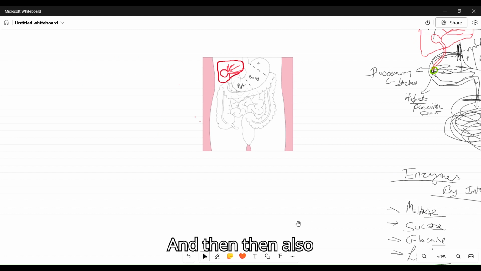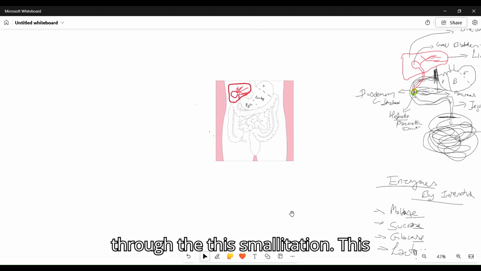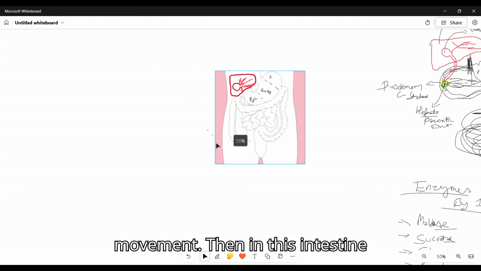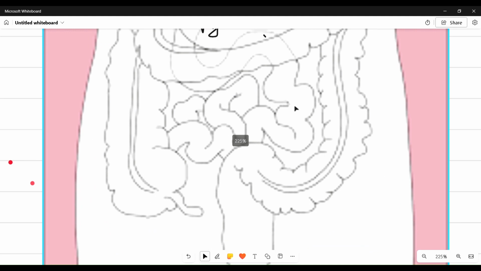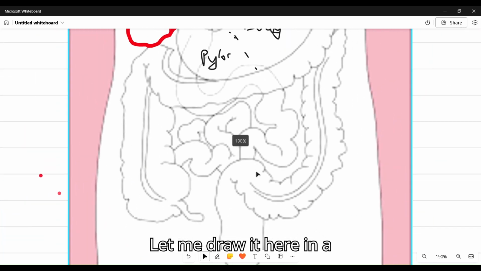Then also comes the question of how the food is passed through the small intestine. It is passed through peristaltic movement. Then in this intestine there are villi. Let me draw it here.